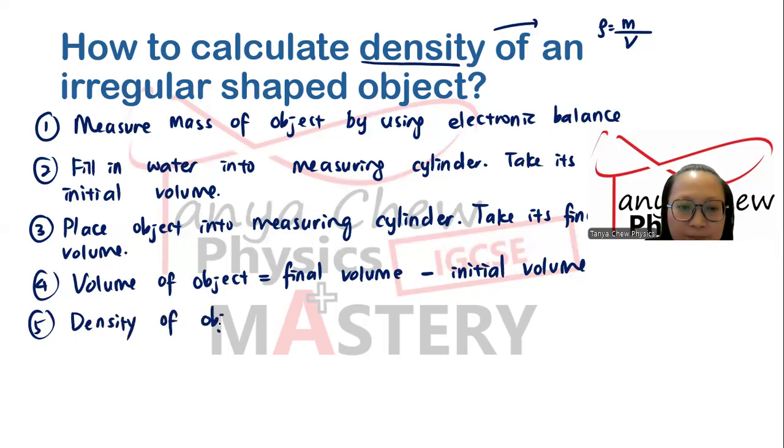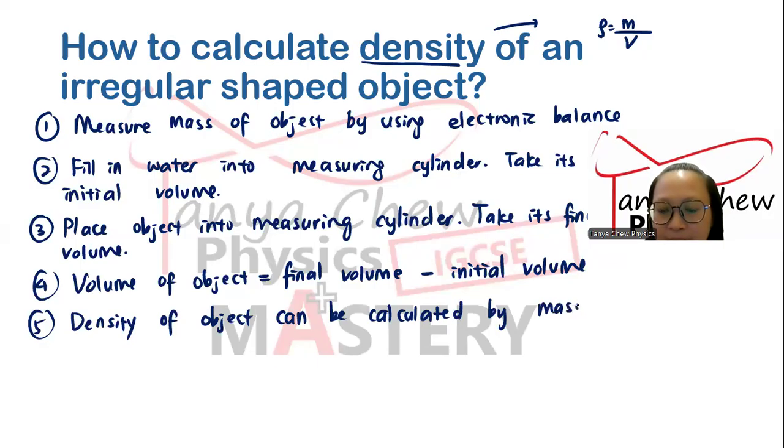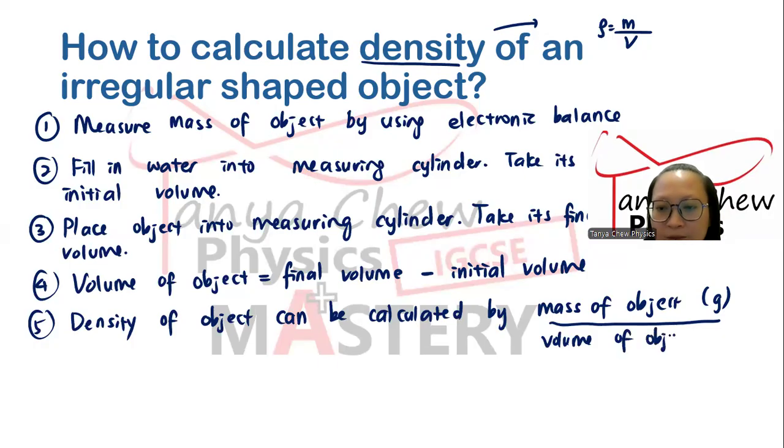And last part, density of object can be calculated by mass of object, maybe if you want to put a unit, just put gram, divided by volume of object.